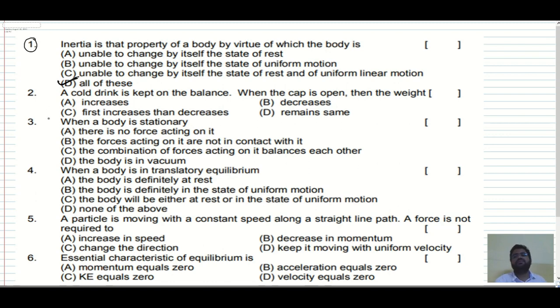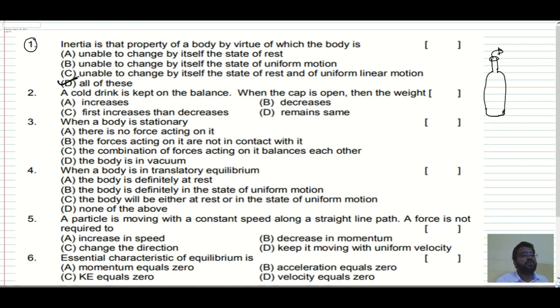Now the second one: a cold drink is kept on a balance. When the cap is opened, what will happen to its weight? Okay, so this is the cold drink, suppose. Now if you just open the cap, what will happen?